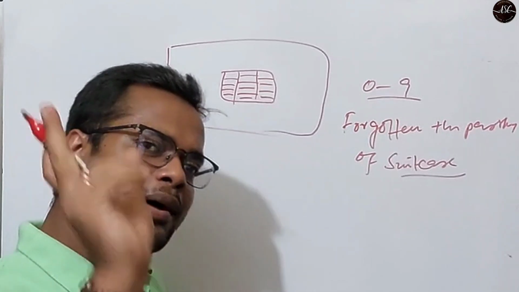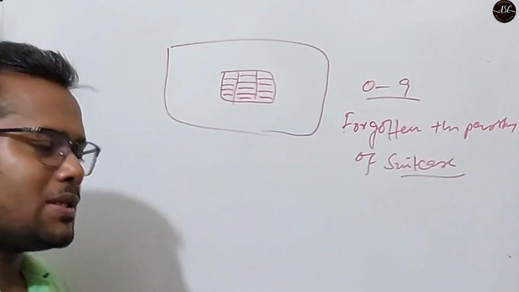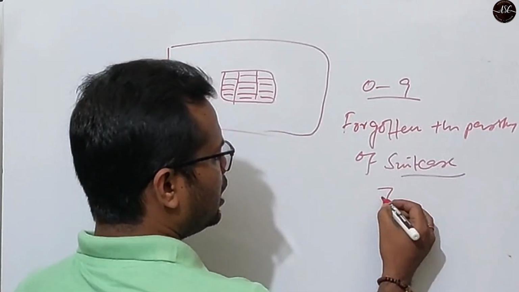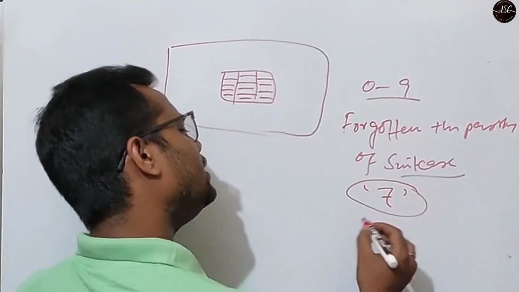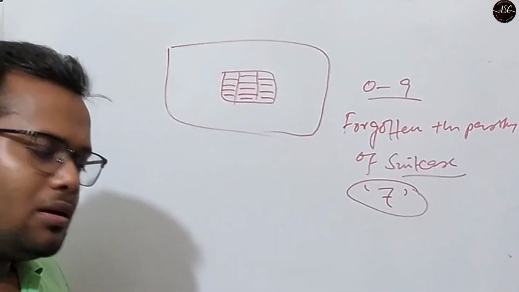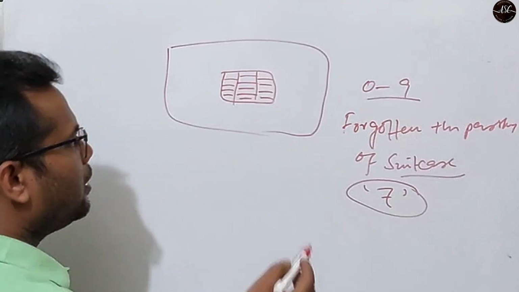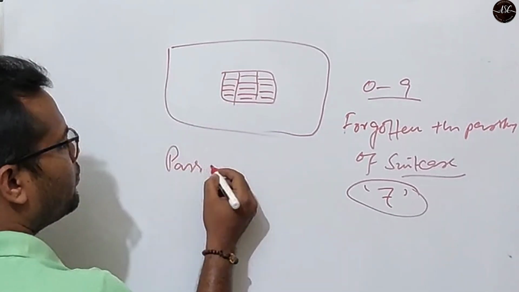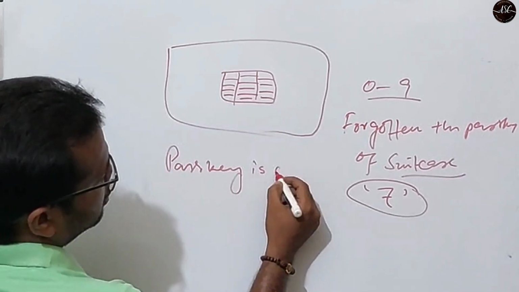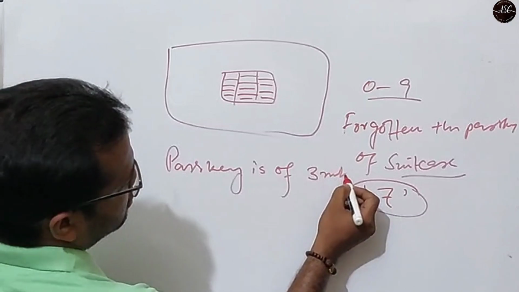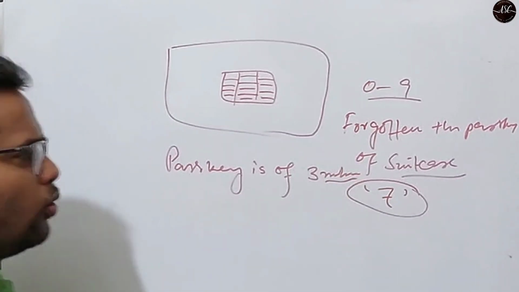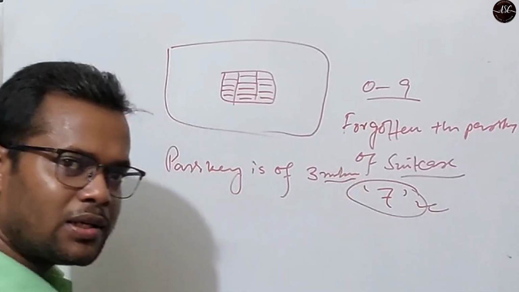You remember only the first number of the passkey. So just suppose you remember only 7 is the first number of the passkey. The passkey is of 3 numbers. So you have only remembered the first number.